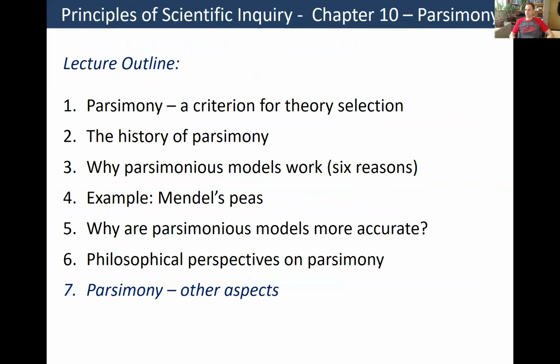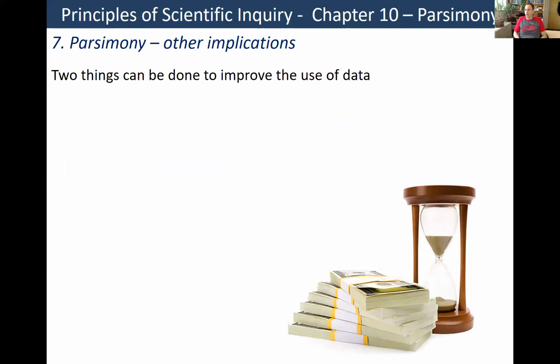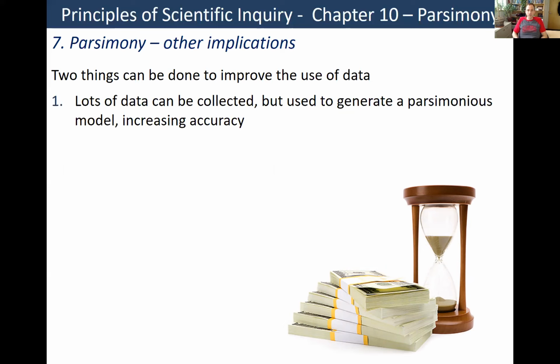All right, and now to this last section here, other aspects of parsimony. Two things, or implications, if you will. Two things can be done to improve the use of data. Lots of data can be collected, but used to generate a parsimonious model, increasing accuracy, right?